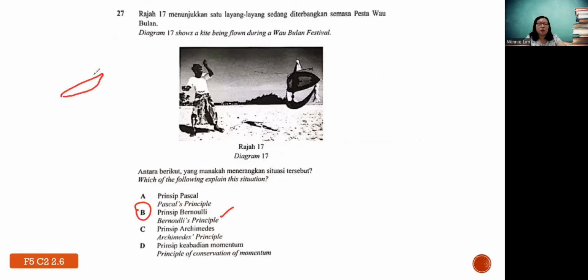For example, this is your wing: the speed of air is higher on top, so the pressure is lower, but beneath the wing the speed of air is lower, so the pressure is greater. The difference in pressure causes the lifting force. So this is under Bernoulli's principle.